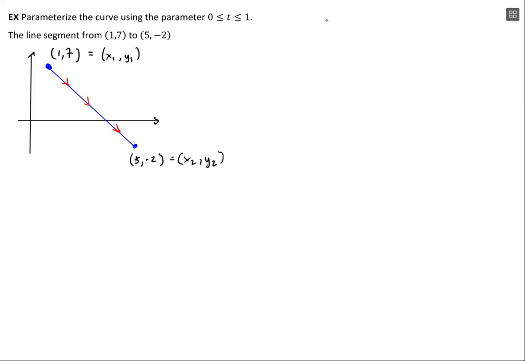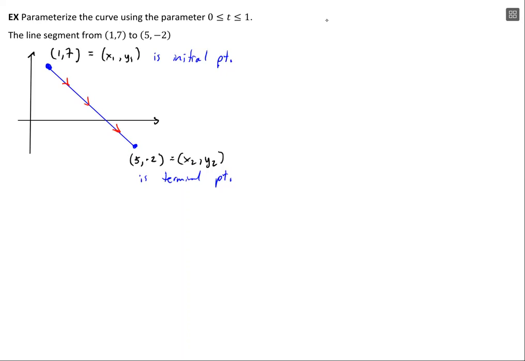This is the initial point, and this is the terminal point.